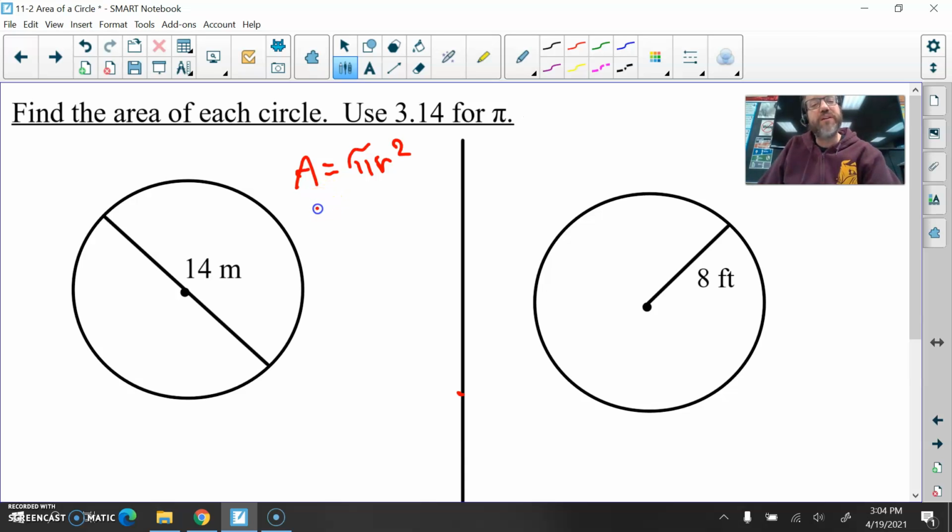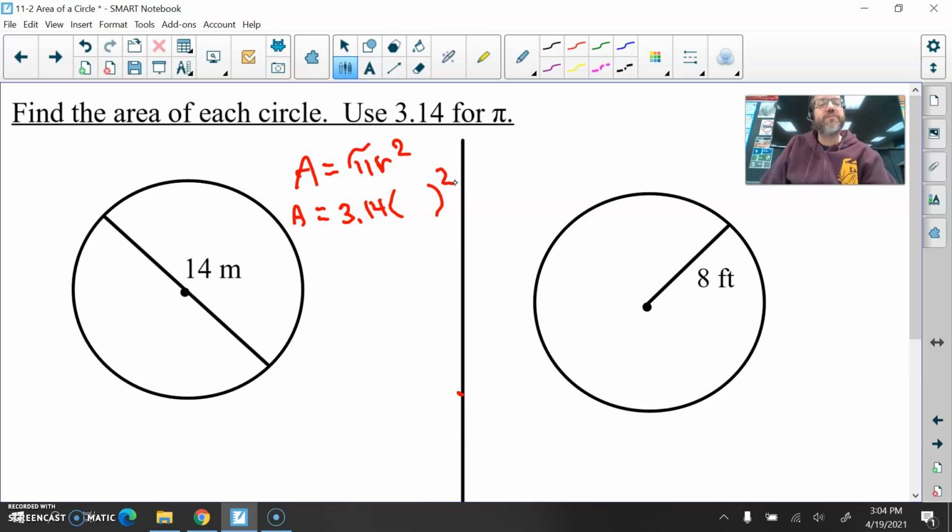So let's find the area. I'm going to just rewrite my formula, but now I'm going to substitute values in. In place of pi, I'll put 3.14 times the radius squared.